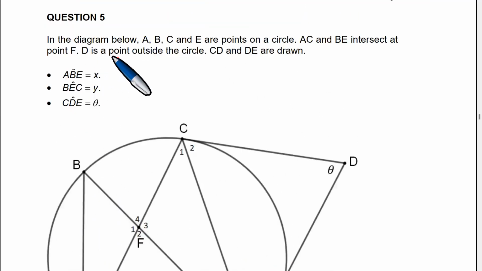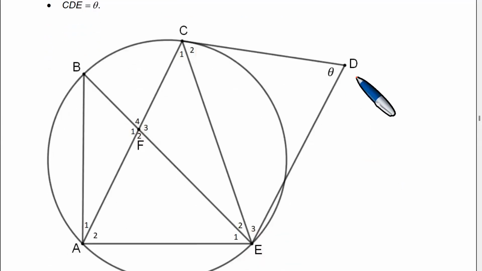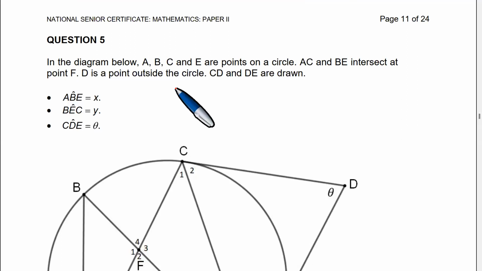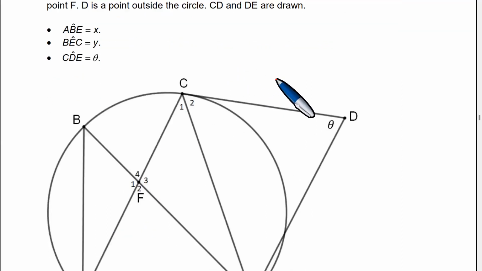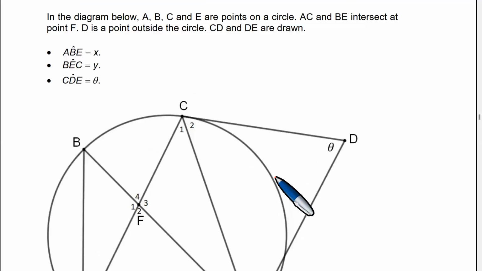D is a point outside the circle. Yes, we can see the point D. CD and DE are drawn.